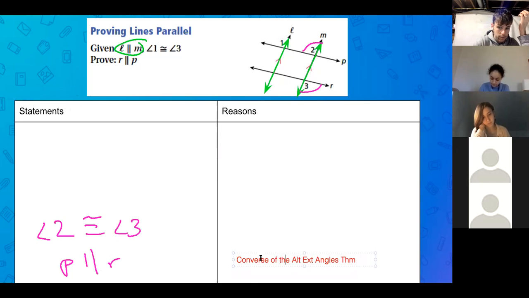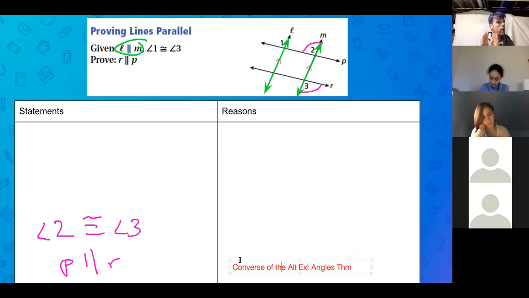I'm just knowing where I'm getting to. This is an important aspect of a lot of proofs, knowing where you're going to end and how you're going to end it. I should have written this backwards, but that doesn't matter. If P is parallel to R, R is parallel to P. Minor difference there. They mean the same thing, right?